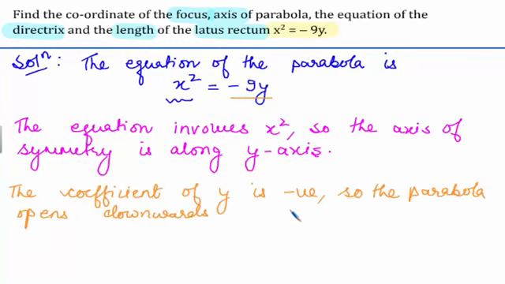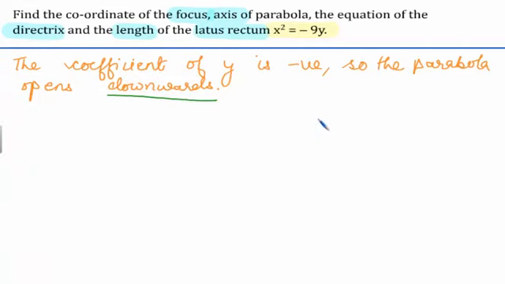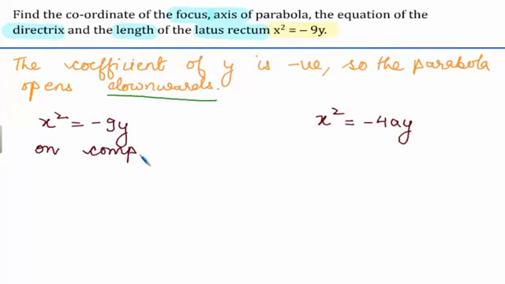Now, the standard equation of a parabola which is symmetric along y-axis and which opens downward is x square is equal to minus 4ay, and the given equation of the parabola is x square is equal to minus 9y. On comparing these two, we see that minus 4a is equal to minus 9, or a is equal to 9 divided by 4.